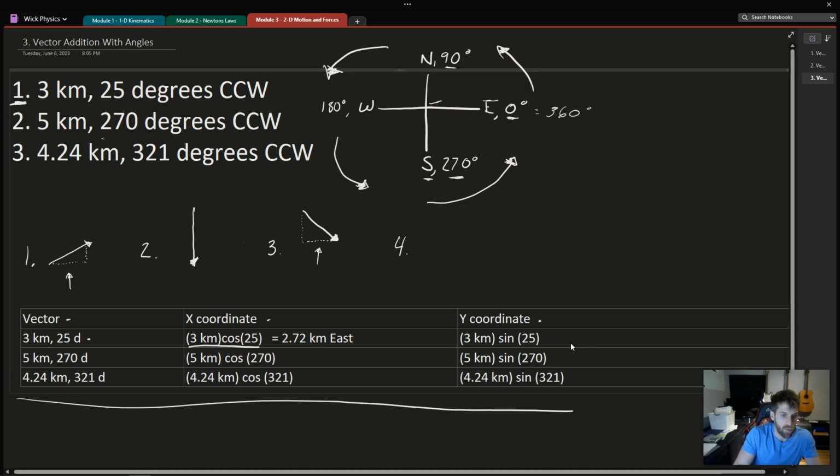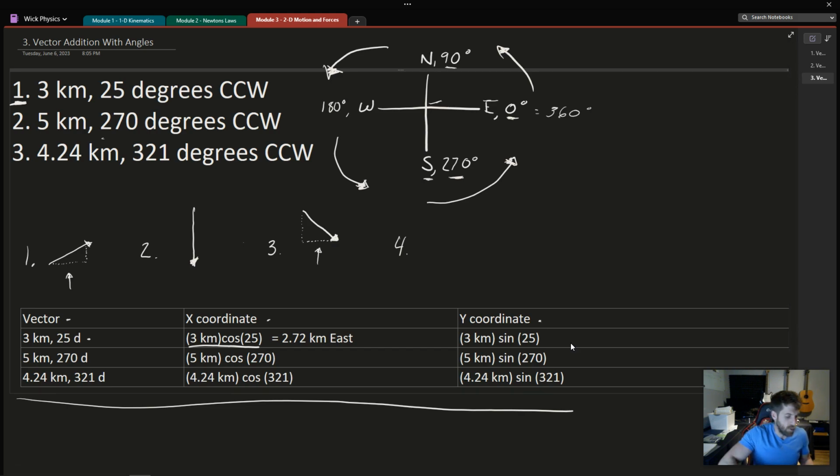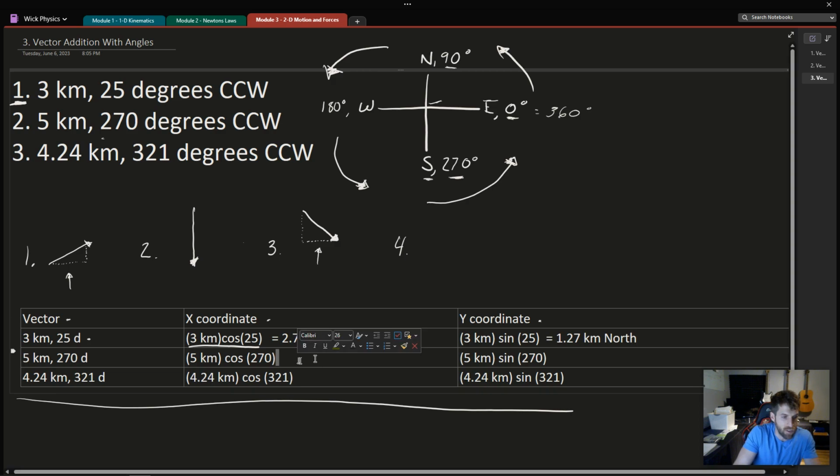Now this will be our northern bound coordinate, the y coordinate, 3 sin 25. And we get 1.26. Actually, we'll do 1.27 kilometers north. This will all make sense when we start adding these together.